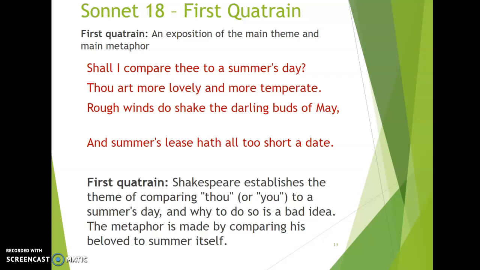So in this first quatrain, he's establishing that theme or the metaphor of comparing this person to summer, aka a summer's day. He's comparing this person that he is writing about to a summer day and saying that this person is more lovely and more mild than a summer day.